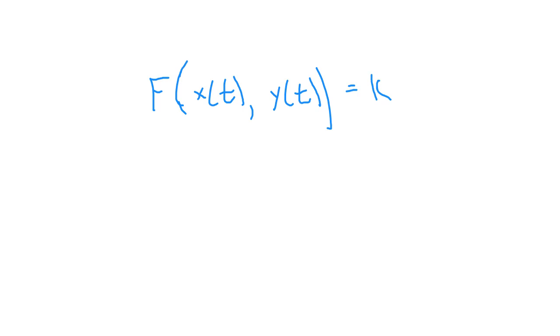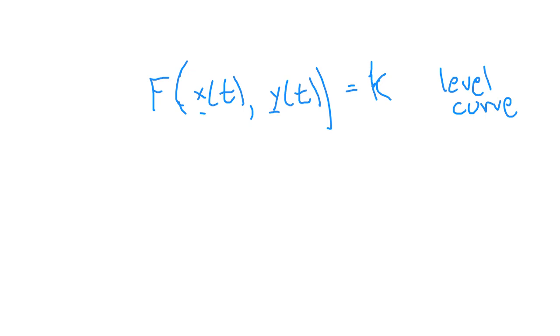So the level curve, the green level curve in that picture, can be represented by a function of x and y, and you set it equal to k. That's a level curve, right?